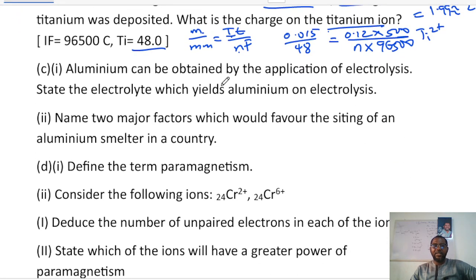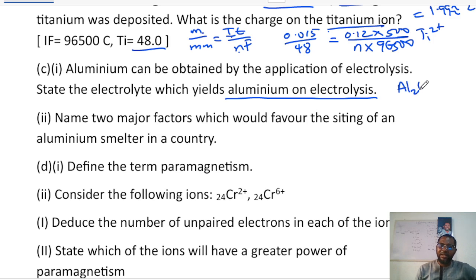Now C says aluminum can be obtained by the application of electrolysis. State the electrolyte which yields aluminum on electrolysis. The electrolyte that yields aluminum on electrolysis can be aluminum hydroxide or can be bauxite.